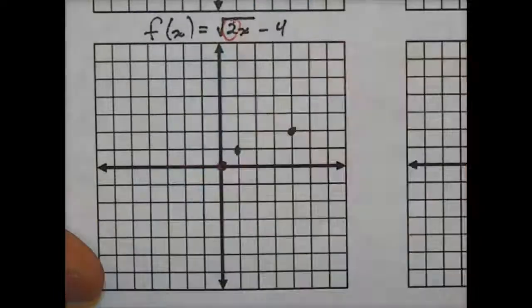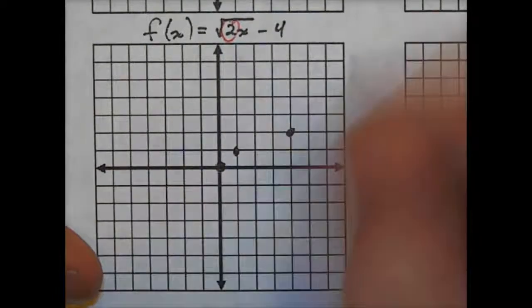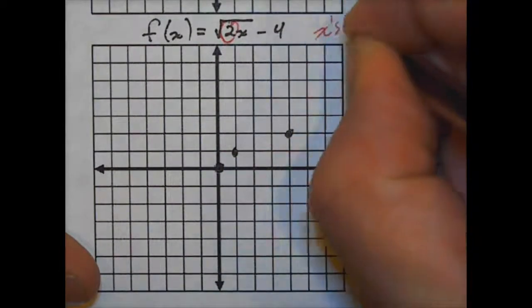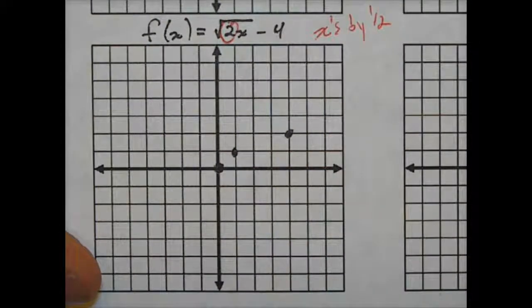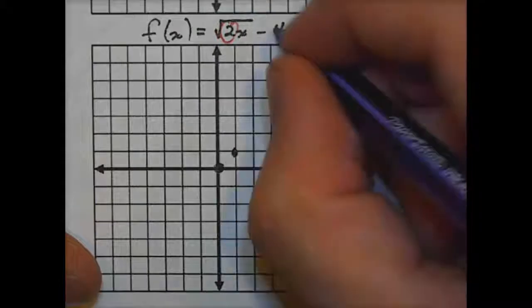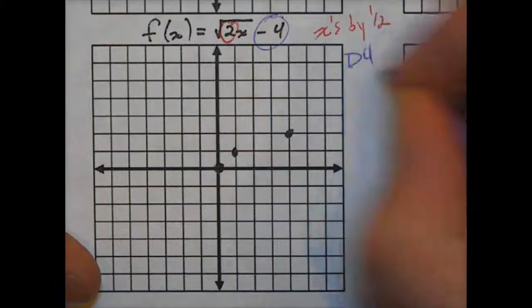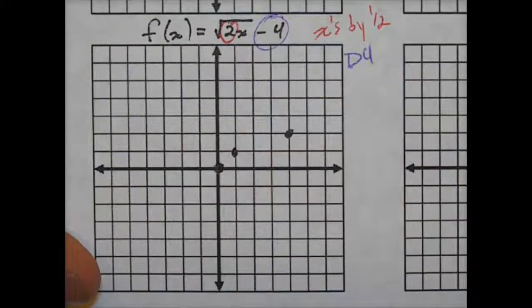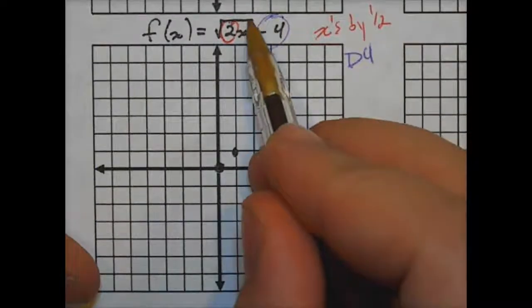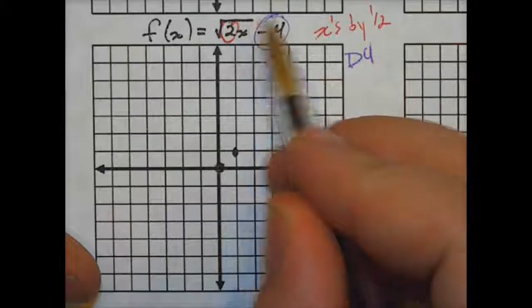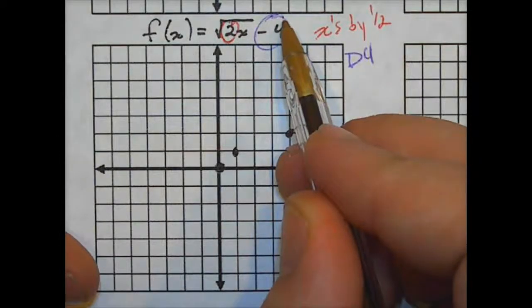This 2, since it's multiplying right now, it's going to divide my x's by 1/2. That -4 on the outside, that is going to move everything down 4. Because remember, it moves in the y direction. If it's not with the x, it moves in the y direction. The only way it would be in the x is if this square root would have continued and it would have been over the -4.